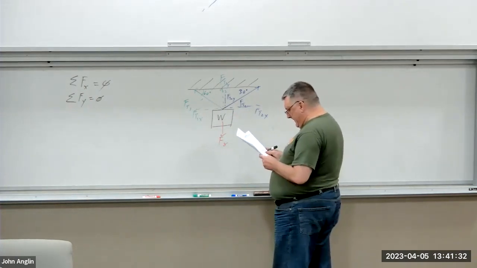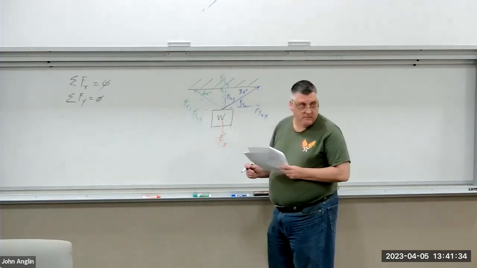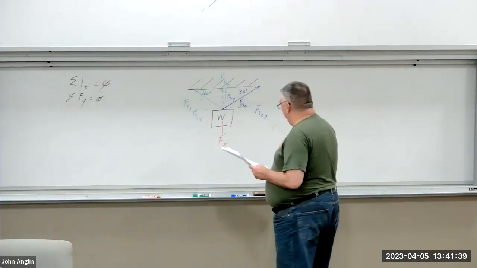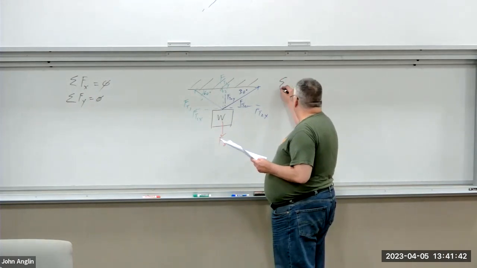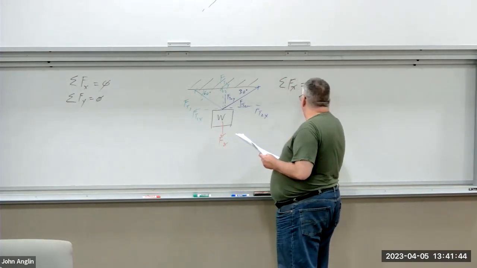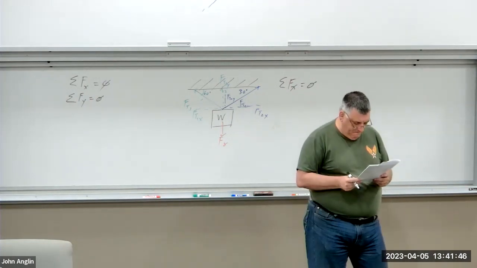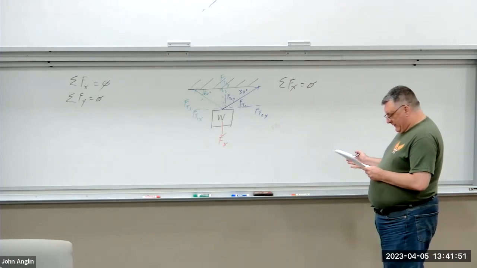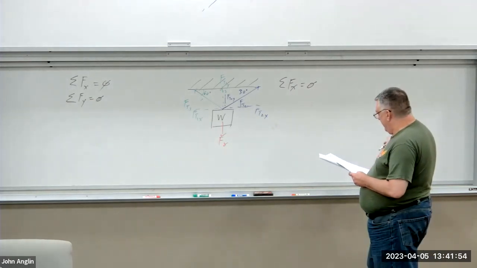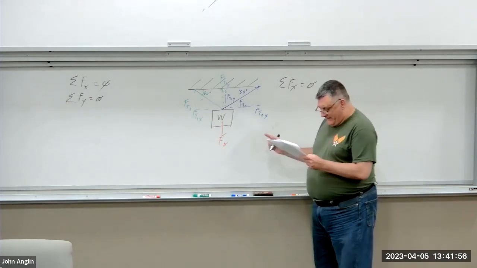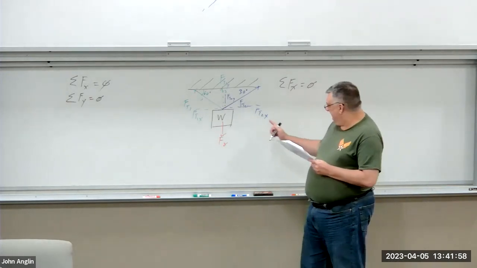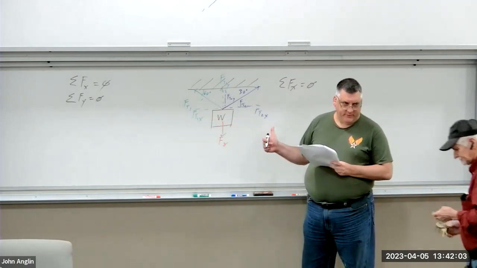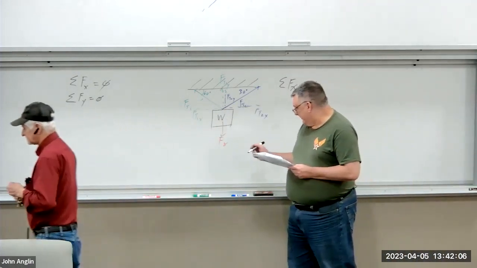So for example, let's work on the forces in the x direction first. We know those have to be 0. So let's just take a look at what we have in the x direction. The only things that we have in the x direction are the tension component of 1 and the tension component of 2 in the x direction.